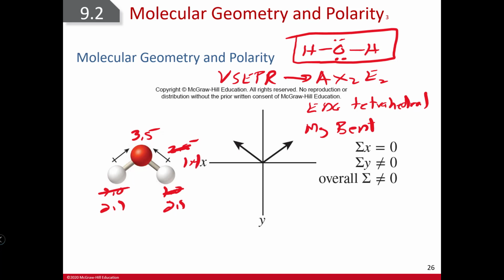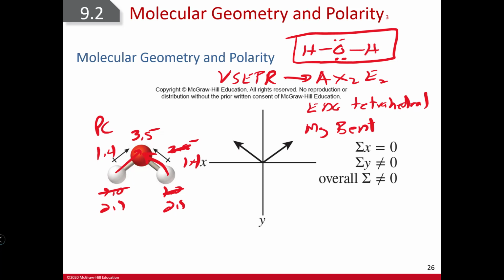That's more like it. And we know 1.4 is a polar covalent bond. The difference in electronegativity is 1.4, and the bond then is polar covalent. So unequal sharing of the electrons. Electrons are being pulled towards the oxygen.